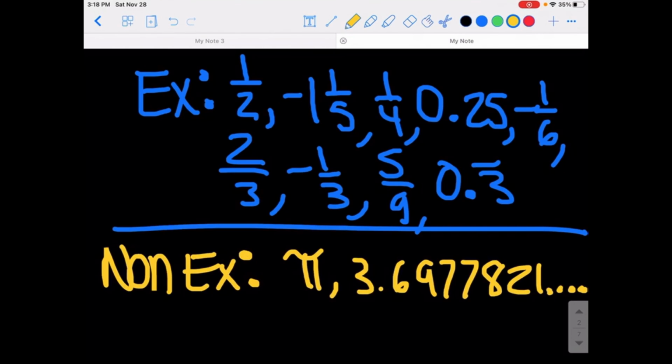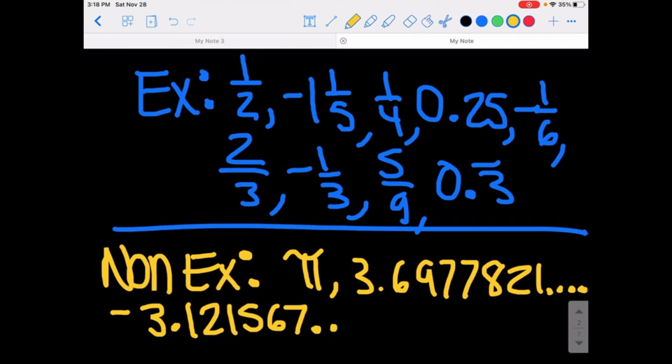Another example could be negative numbers too, like -3.1215 6, 7, and so on. Another word for all of these numbers that I'm listing is irrational.